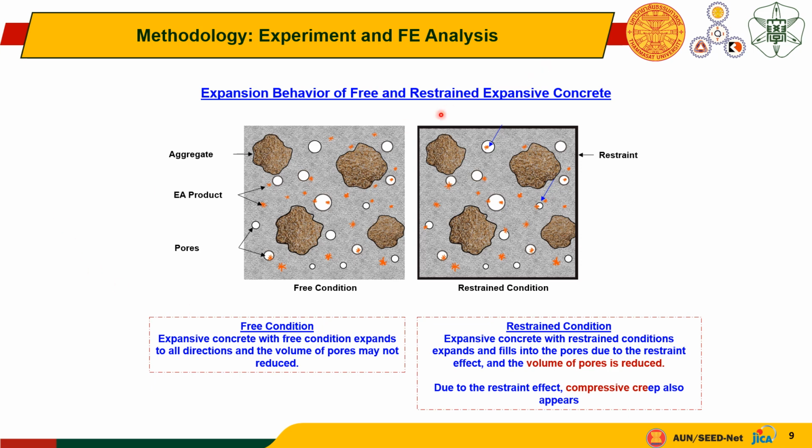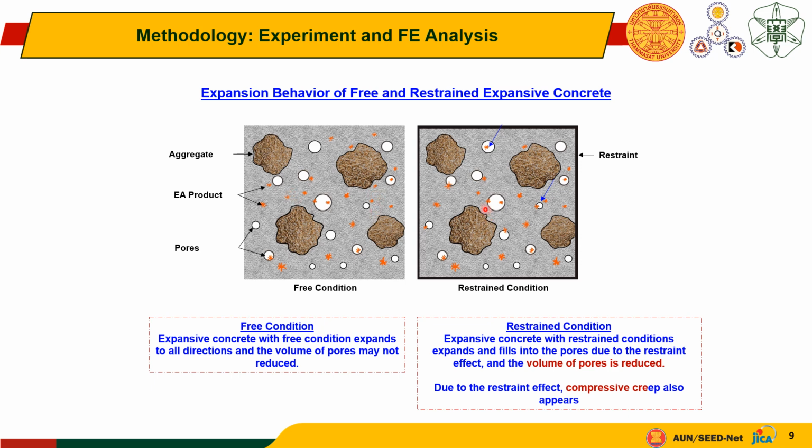So this is the expansion behavior between free and restraint condition in expansive concrete. In free condition, the expansive product can expand freely because there's no restraint, so the volume of pores might not reduce.